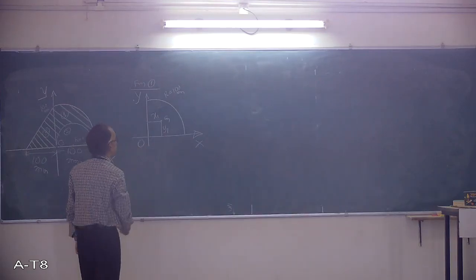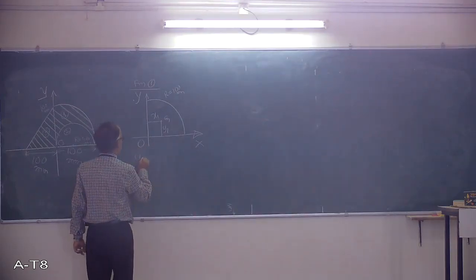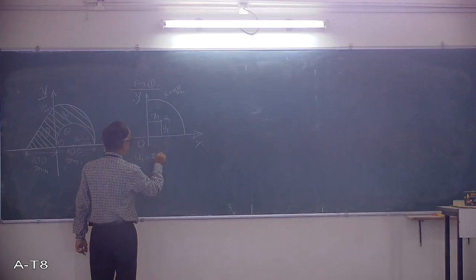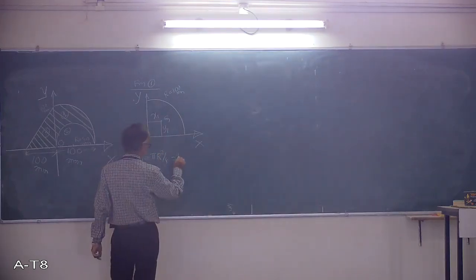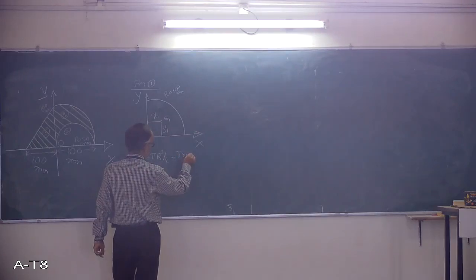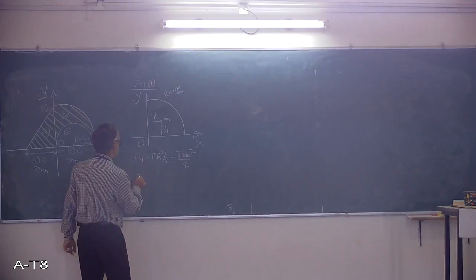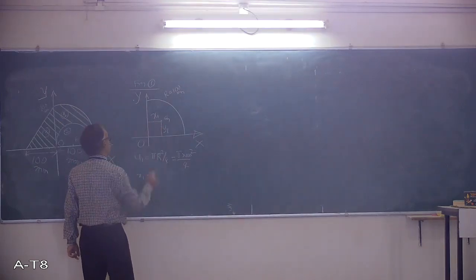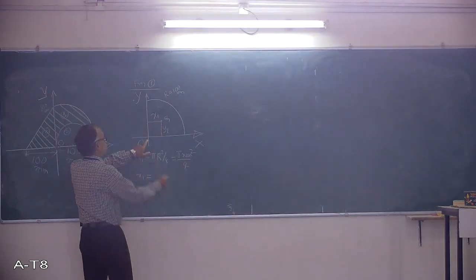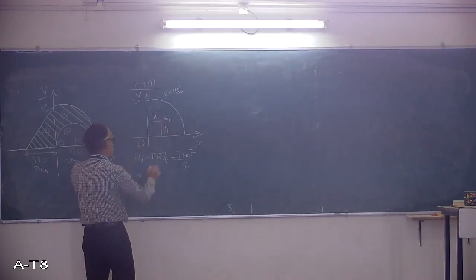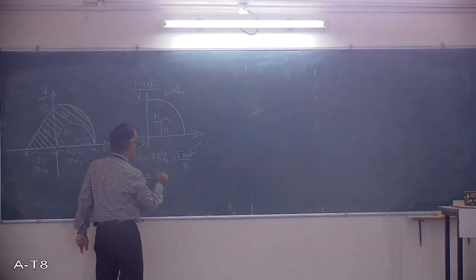If I write here a1 equals pi r square by 4, so pi into 100 square over 4, because it is a quarter circle. x1 is 4r upon 3 pi, origin is here. Once again y1 is 4r upon 3 pi.